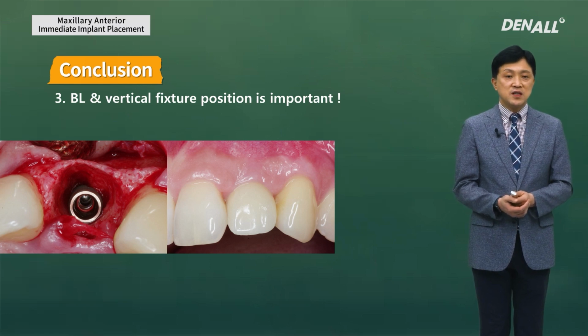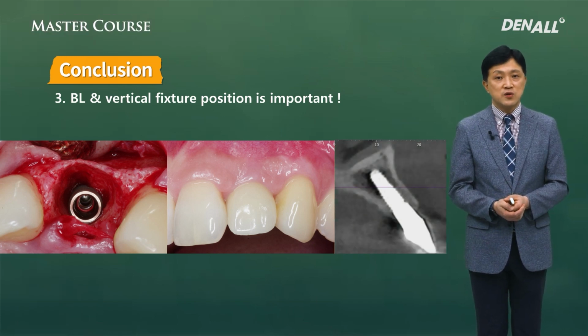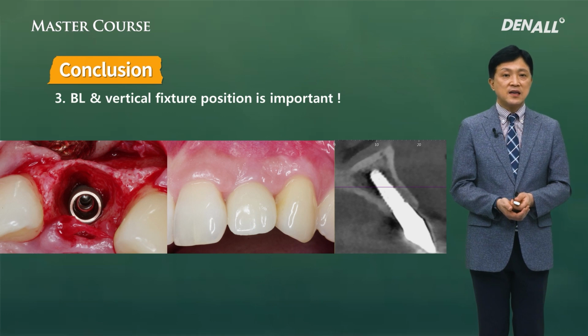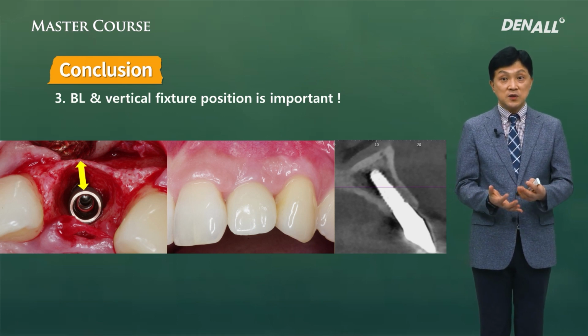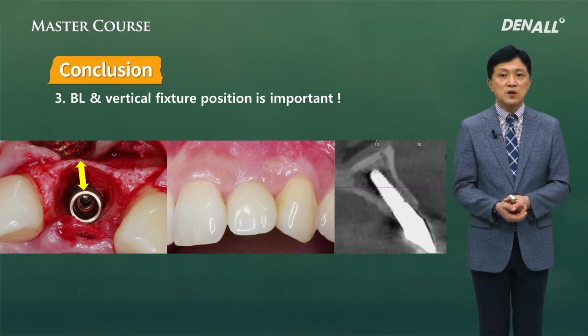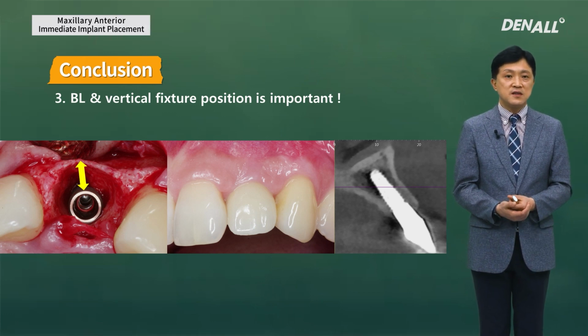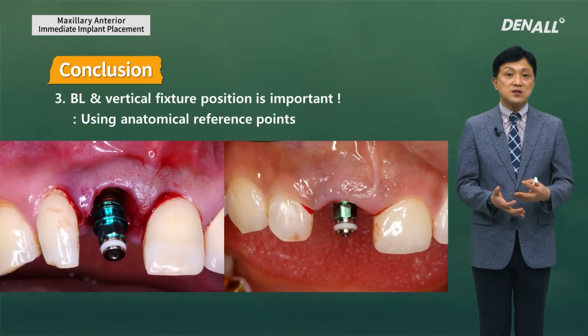So implants need to be placed in appropriate optimal positions for a stable prosthesis in the anterior maxilla. Buccolingually, a 4 millimeter or bigger gap should be made and managed for a proper stable prosthesis in the alveolar bone.